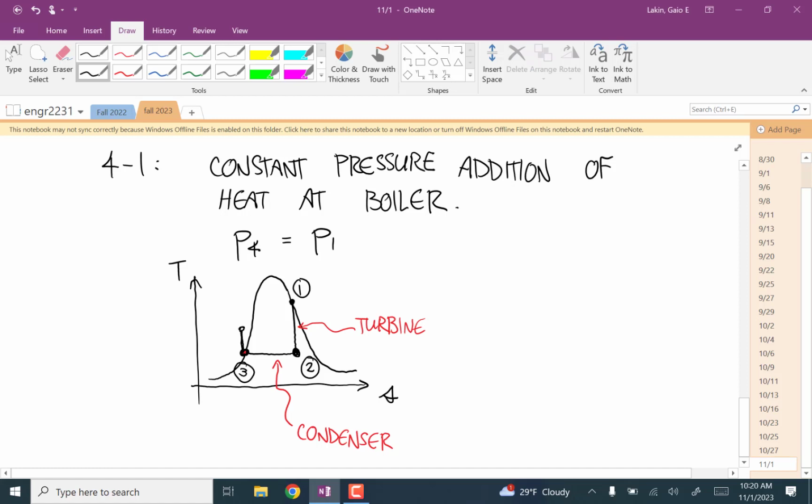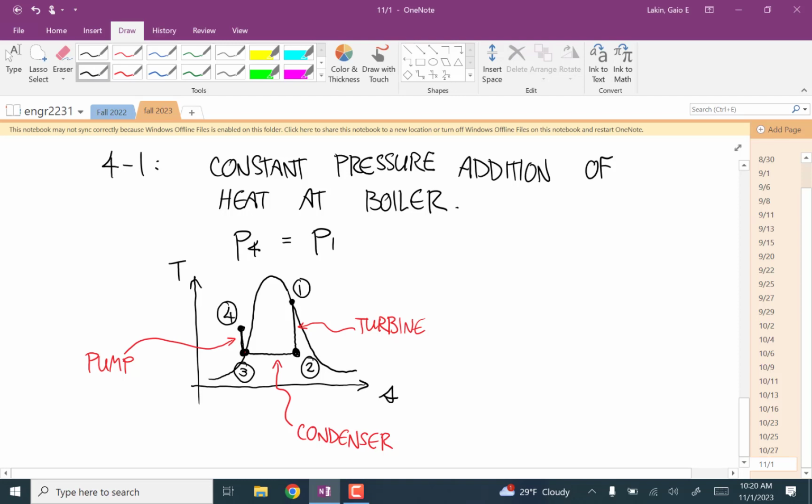And so after the pump, it's a compressed liquid. And then to get back to the turbine, it goes through the boiler.